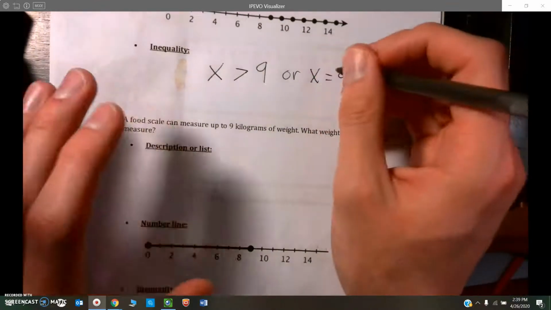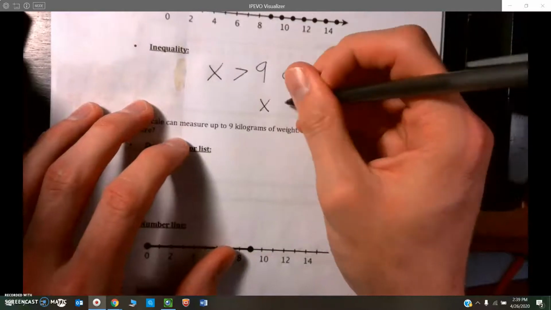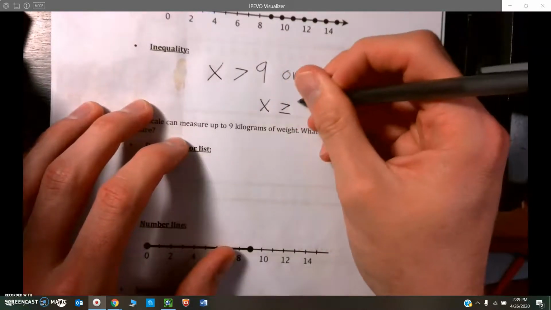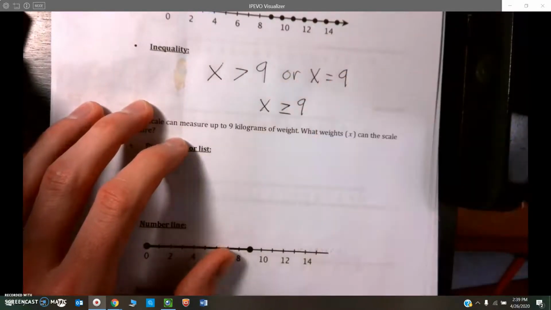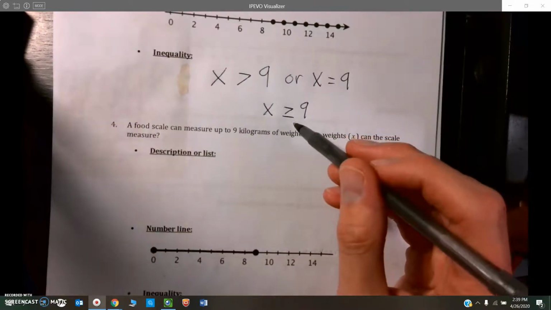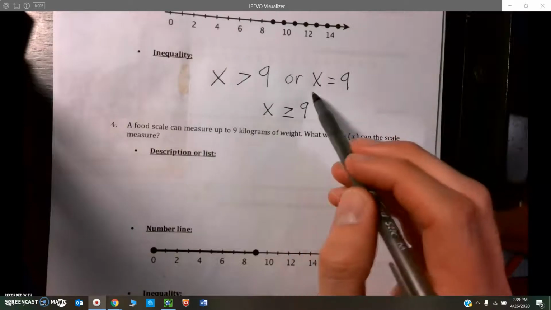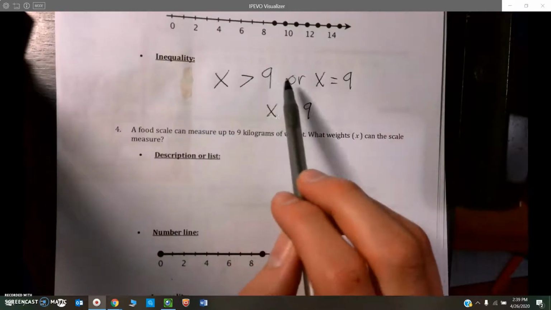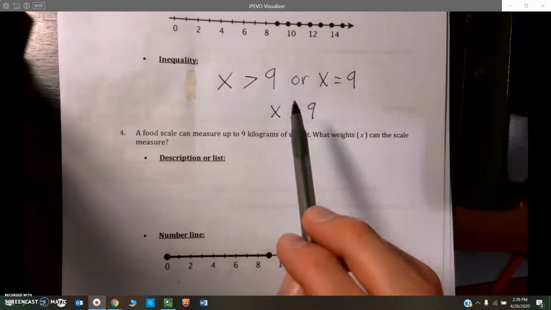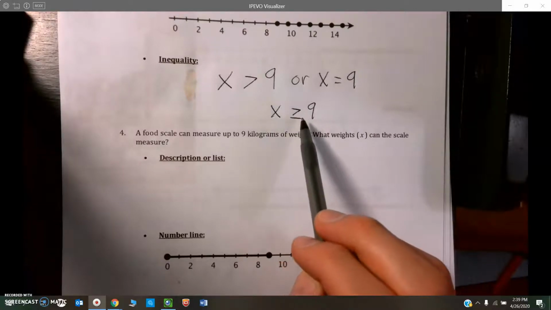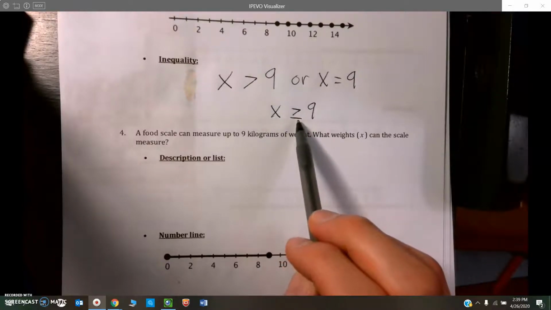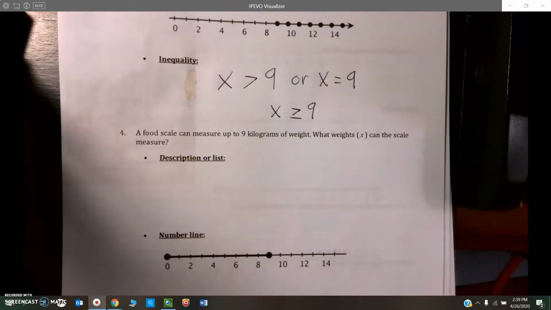There is a way to combine that, which is this, which means greater than or equal to, which there's no way to type on your keyboard. So this is just kind of another way of showing it. X can be greater than 9, or x could be 9. If we were writing on paper, this is the symbol we'd show that is greater than or equal to.